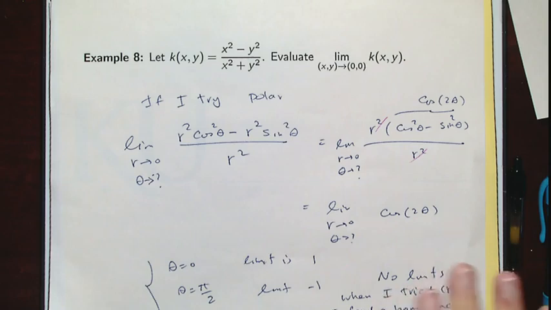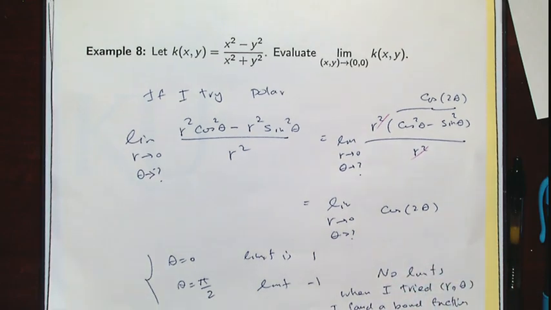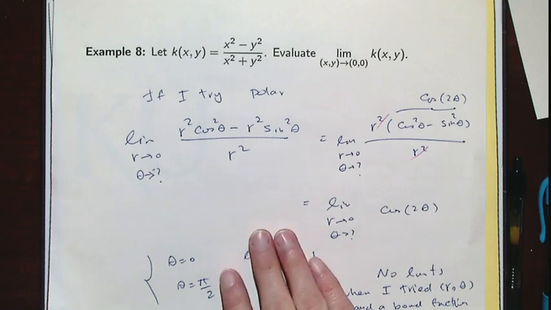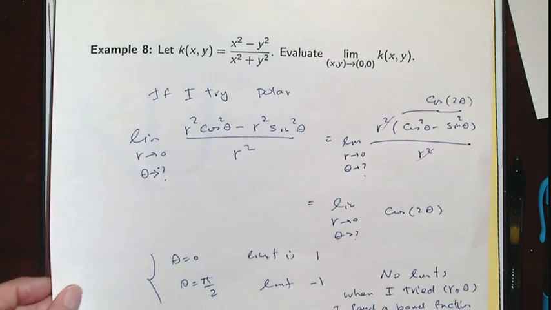Can everybody see the difference between this and the problem before that? In that one, I still had an r and everything else was bounded. Here, this is bounded, but there's no r multiplying it, or r squared multiplying it, or anything like that. Did that clear things up?